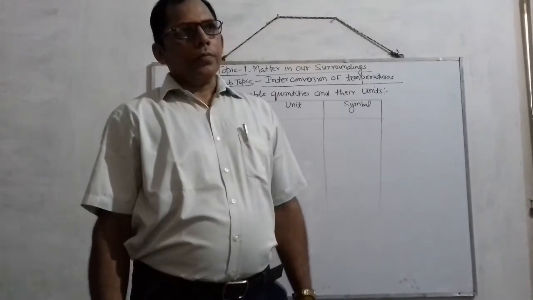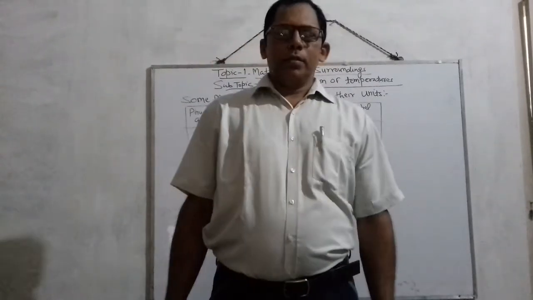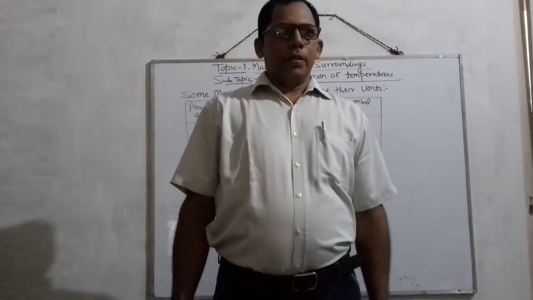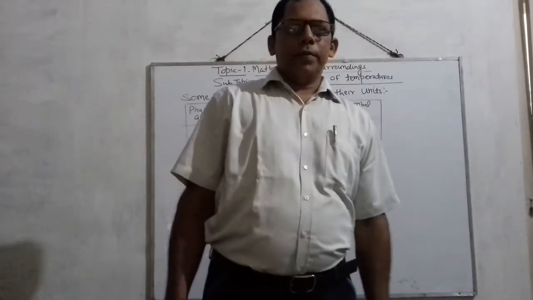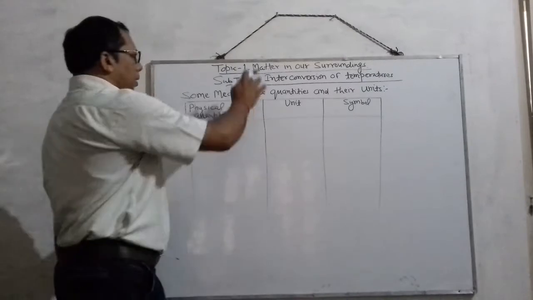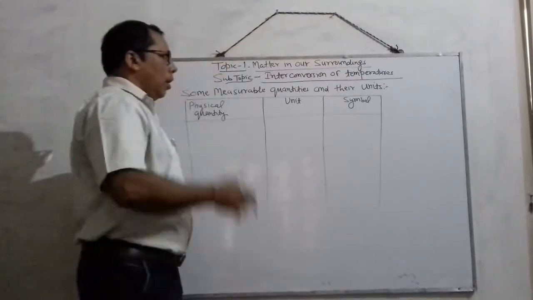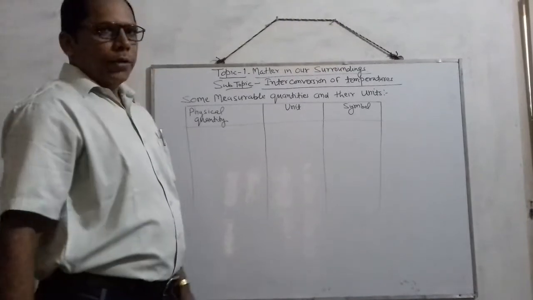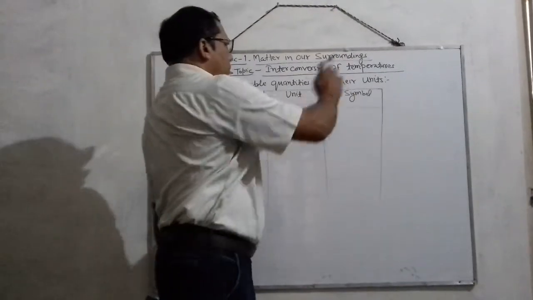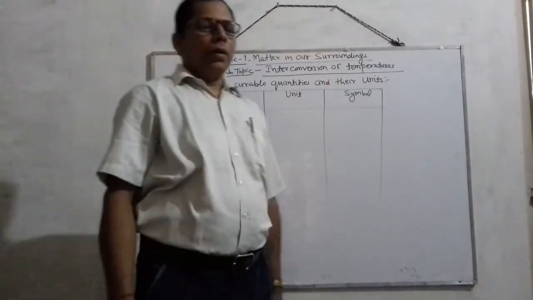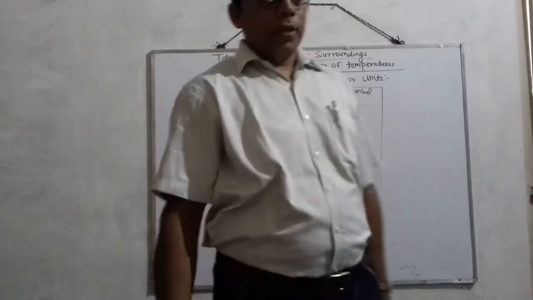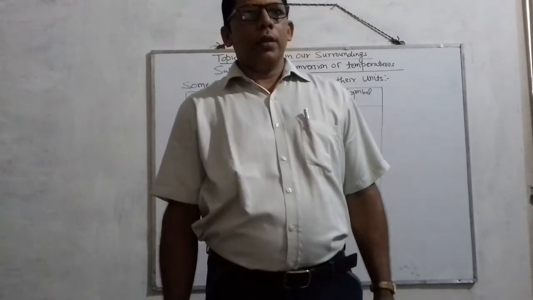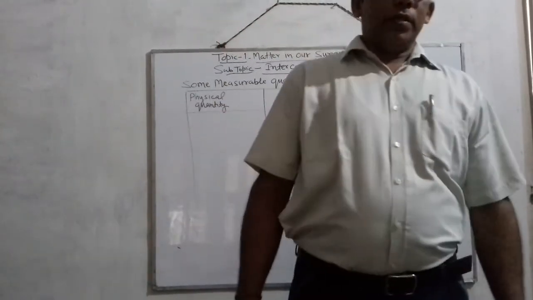So, I would like to revise your very first chapter in the periodic first syllabus, that is matter in our surroundings. In this, I would like to discuss with you interconversion of temperatures, means how Celsius scale, Fahrenheit scale, Kelvin scales are interconverted.